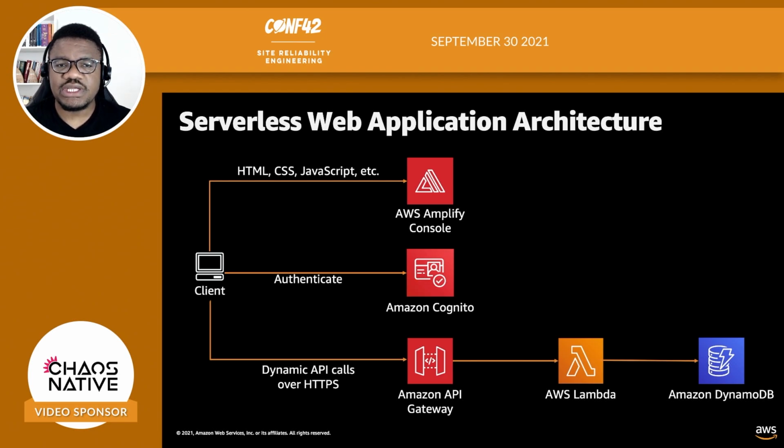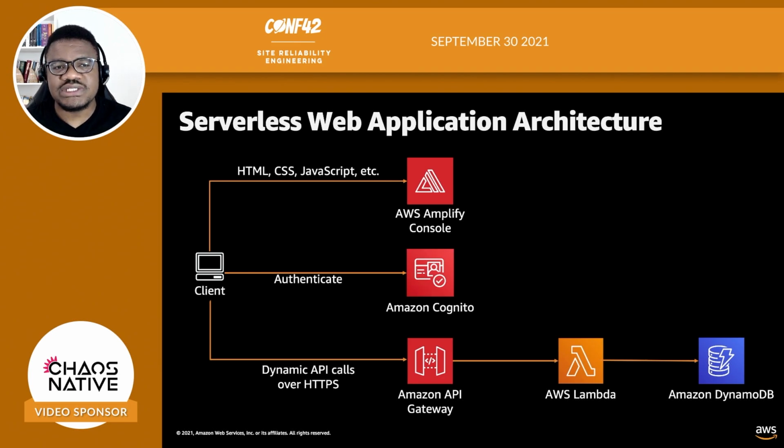You typically will have a front end, and we have a service on the platform called AWS Amplify Console that you can use to host static content. By static content, I mean your HTML, your CSS, and your JavaScript. We also have another service on the platform called Amazon Cognito, which you can use for authentication. Then from the backend perspective, to service your APIs, we have a number of services.